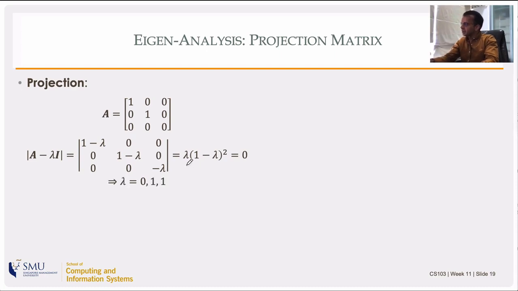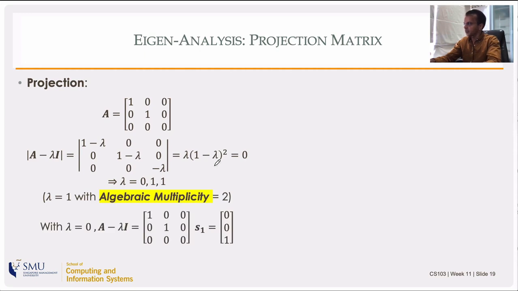Now the solutions would be lambda equal to 0 or lambda equal to 1 or lambda equal to 1. So lambda equal to 1 comes with a multiplicity of 2. And that multiplicity, because it is coming from the characteristic polynomial, is called the algebraic multiplicity. So lambda equal to 1 has an algebraic multiplicity of 2. Lambda equal to 0 has an algebraic multiplicity of 1 because it's not lambda squared equal to 0, it's lambda equal to 0.